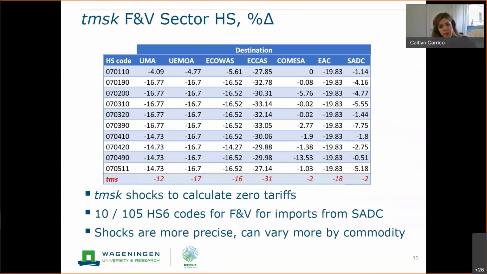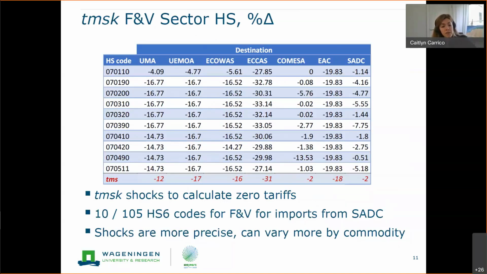And basically what this table is here to do is to illustrate that once we have the HS level module, now we're looking across the tariff lines, and you can have some cases where there's quite some variation. So this is only looking at the first 10 HS6 codes. And again, recall there's 105. So you can see that there's variation here, and you can imagine that there's even more variation.